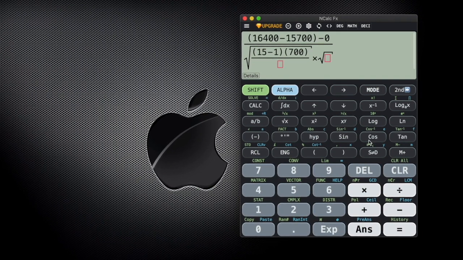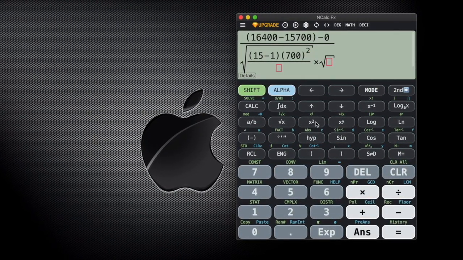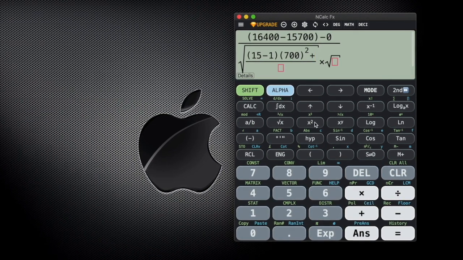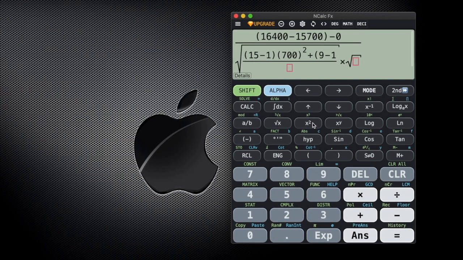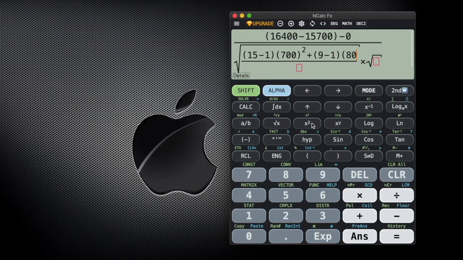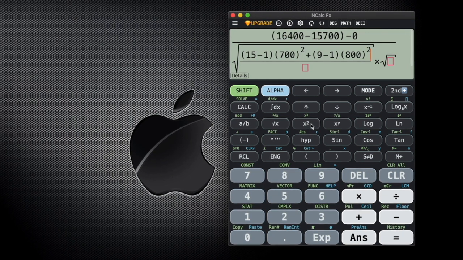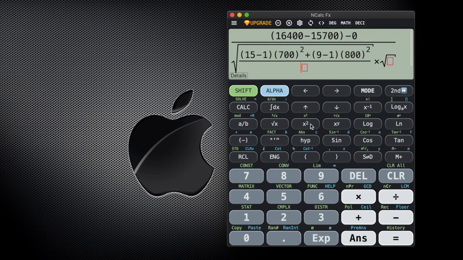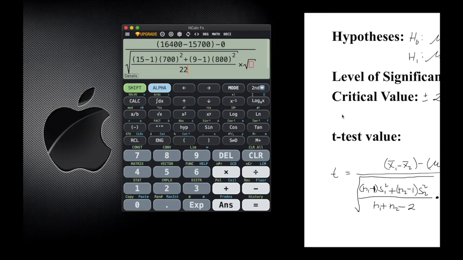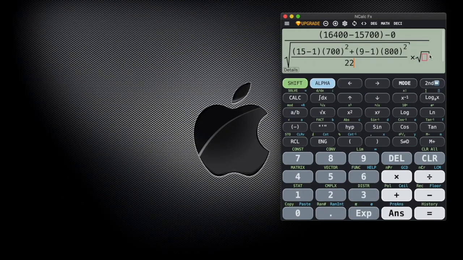Where's the square here? Here. And plus 9 minus 1 multiplied to 800 and then square. Okay? So, for the denominator, let's direct na 22 because that is the degrees of freedom. Okay? So, multiplied to the another square root.